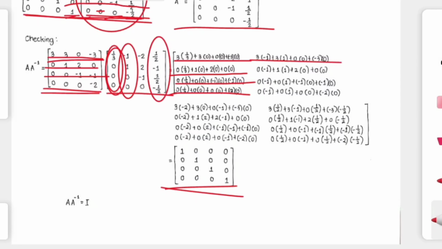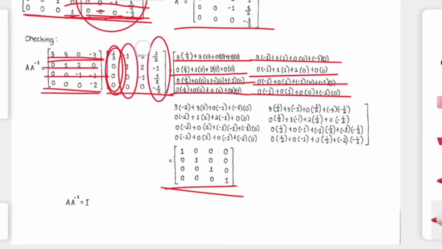And for the row 2 multiplied to column 2, we have 0 times negative 1, 1 times 1, 2 times 0, and 0 times 0, so we have here. And then for the column 3, we have 0 times negative 1, 0 times 1, negative 1 times 0, negative 1 times 0. As for the row 4, we have 0 times negative 1 plus 0 times 1 plus 0 times 0 plus negative 2 times 0.